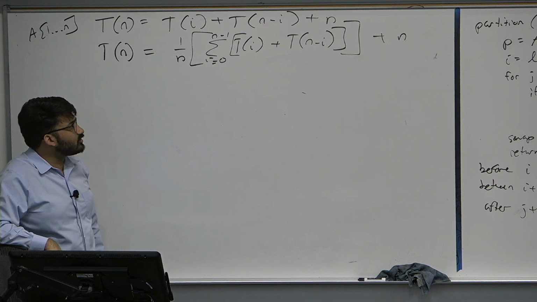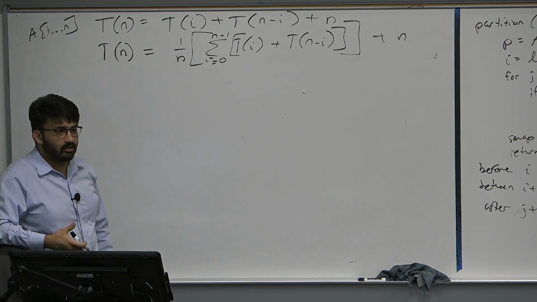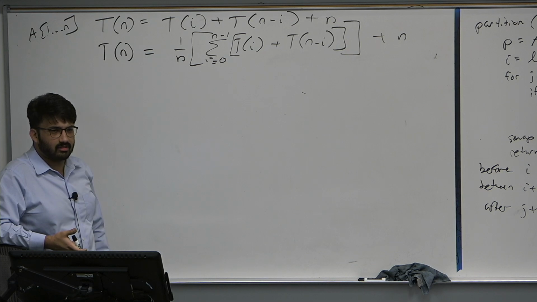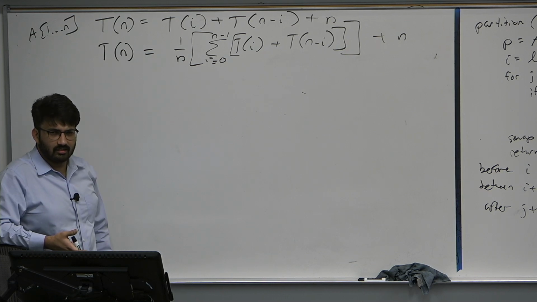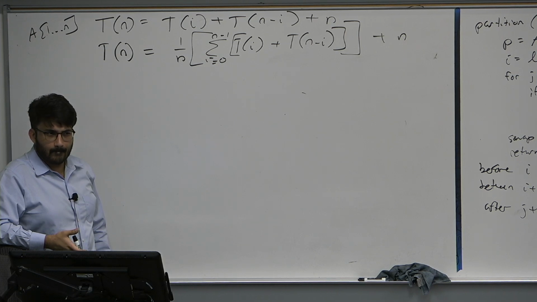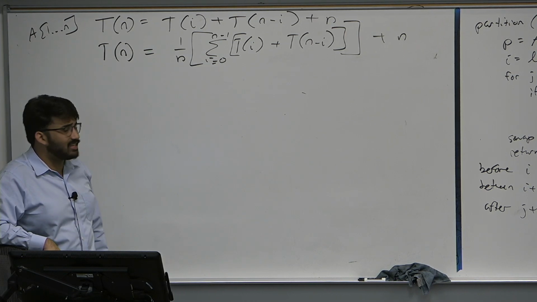What's the first argument we can make about such a recurrence? There should be something that jumps out to you about this, aesthetically. What's really the difference between t of i and t of n minus i?